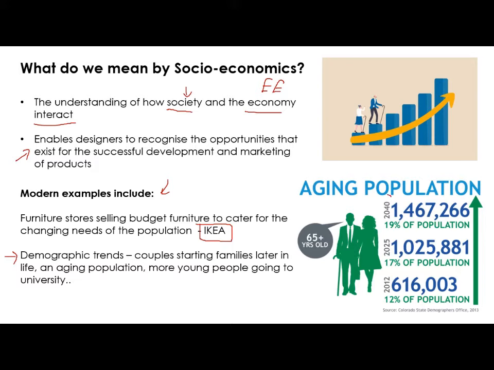By 2040, 19% of the population are going to be over 65 years old, meaning they are going to need lots of different types of products, which is an advantage for designers, who can design products that are inclusive of people of that age range.